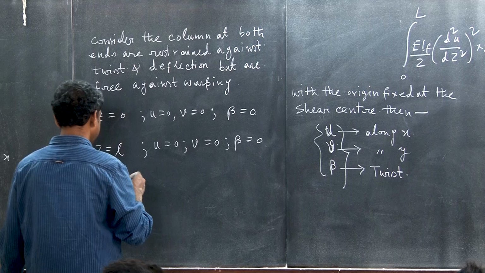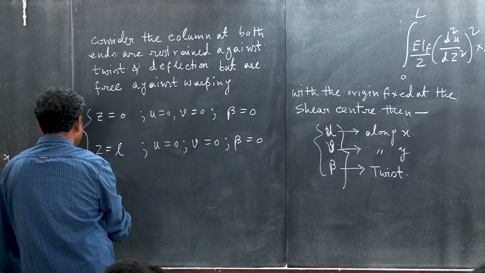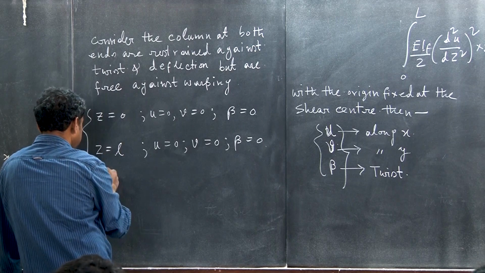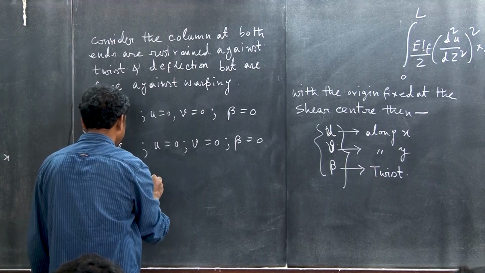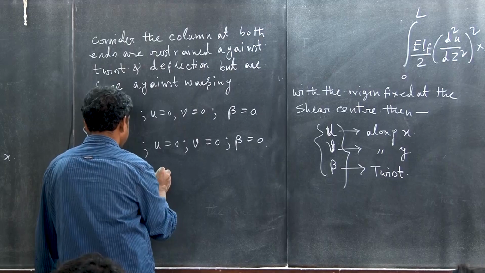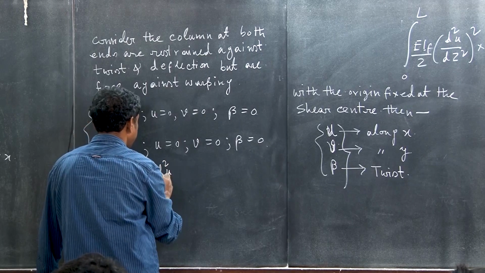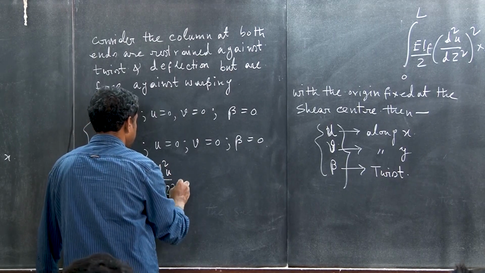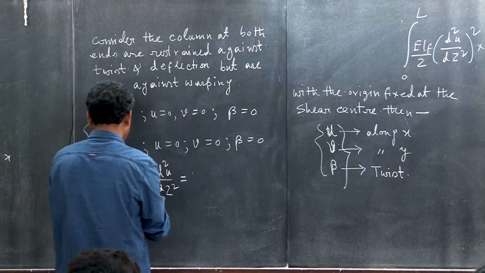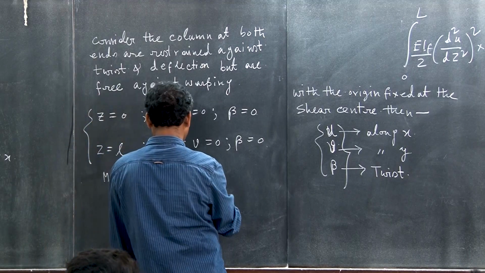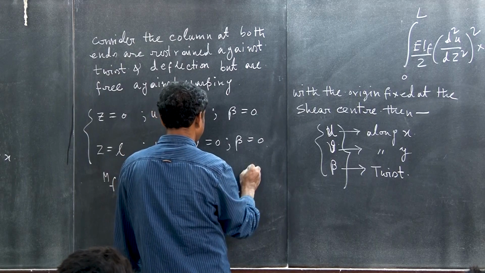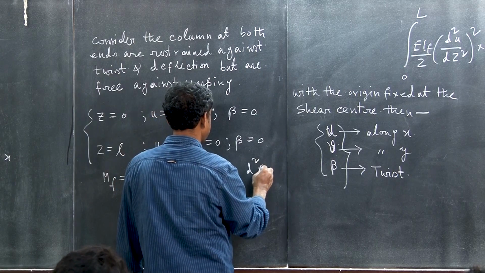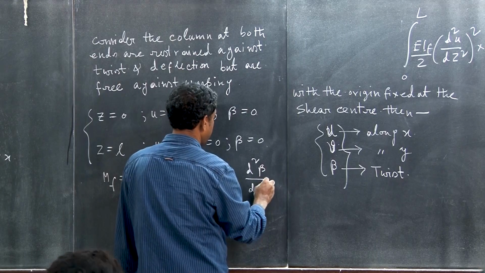But when it is restrained against rotation, please note MF is nothing but EIF d2 U dz2, and this is nothing but minus EIF h by 2 d2 beta dz2, right.